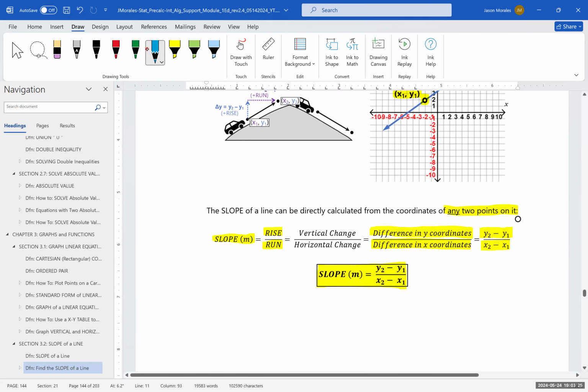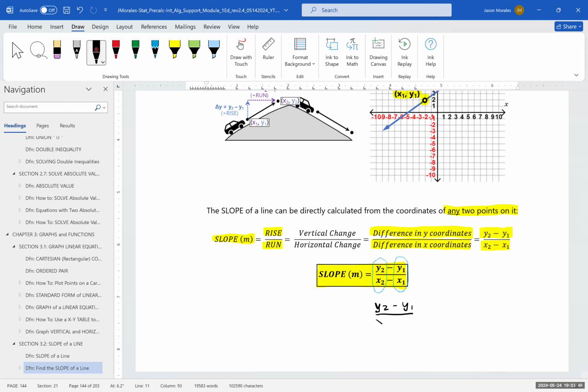Now, something important to notice here is these subscripts. We have y2 and x2 out front and y1 and x1 behind. When you're using this formula, if you accidentally put the numbers in so that you ended up with something like this, you're going to end up getting the wrong answer.